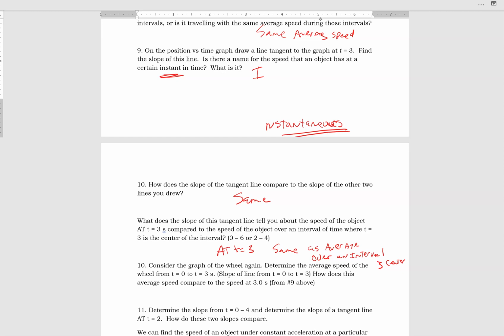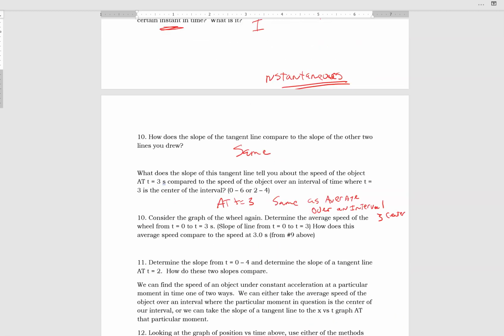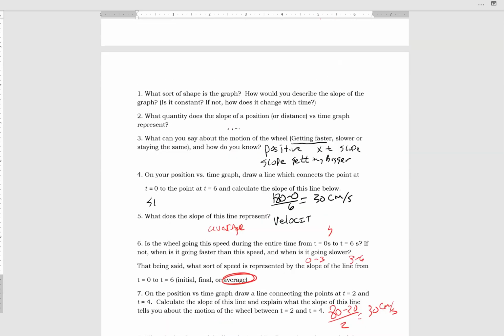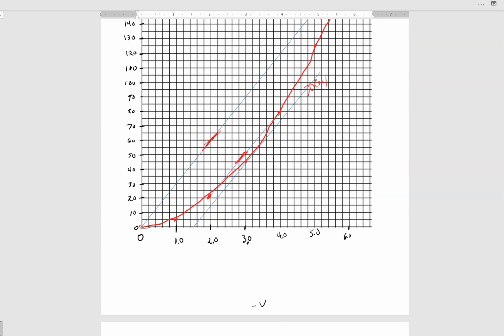So now, basically what you're supposed to do on the graph is to go back and determine the speed, the slope of a line from 0 to t equal 3. So if I take 0 to t equal 3, and I draw that line, although I probably don't want that. I probably want to be from 1 to 3. 0 to 3 is not going to do me much good.